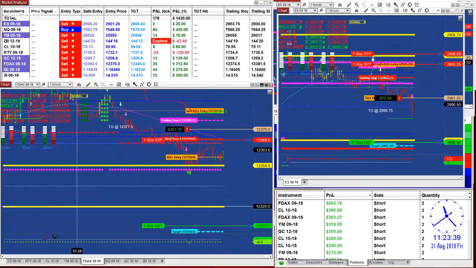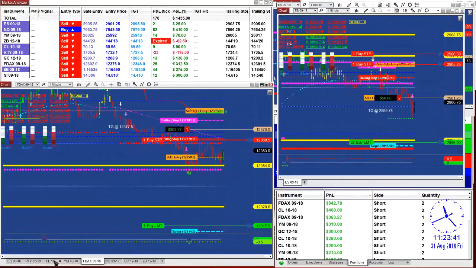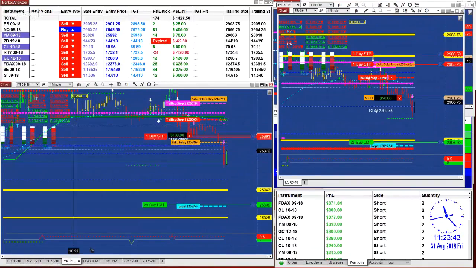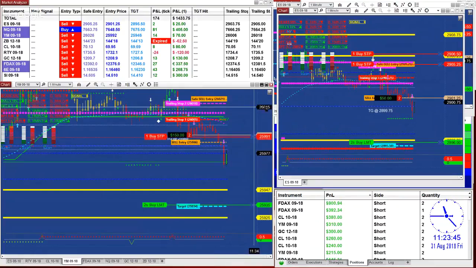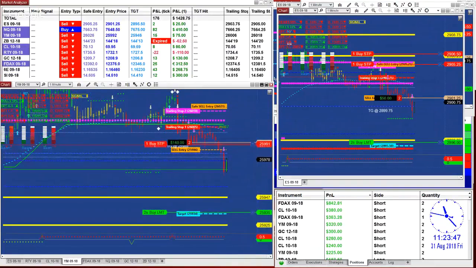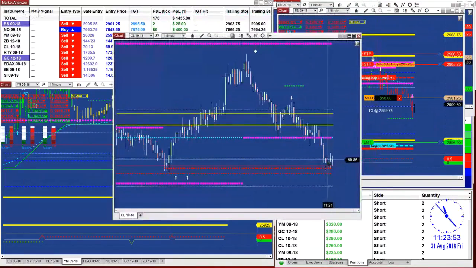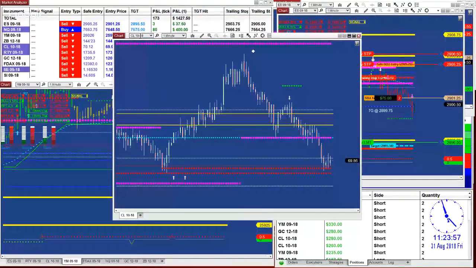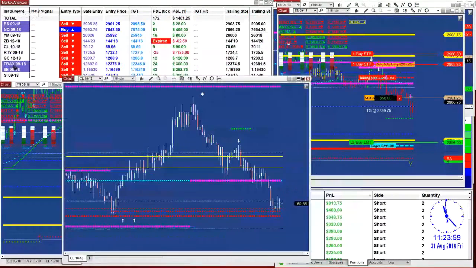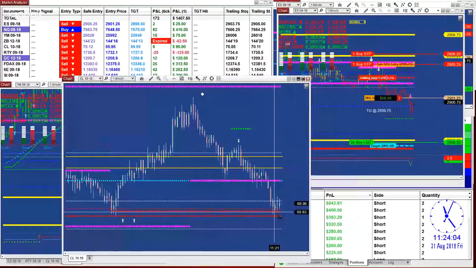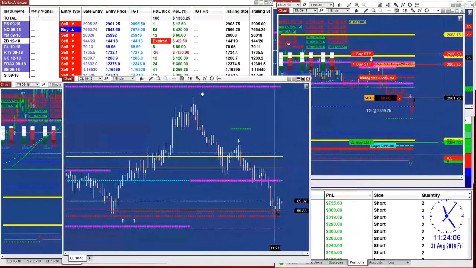So let's go back on the YM and let's see what happened. Look, here's your CL still in here. We knew exactly there's a new target where it's going to be struggling, and it's struggling right there.